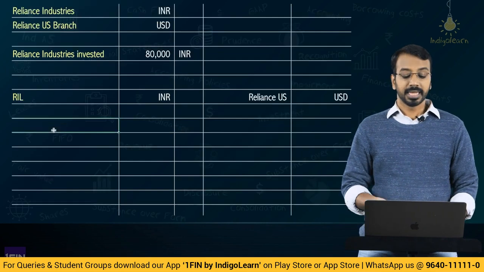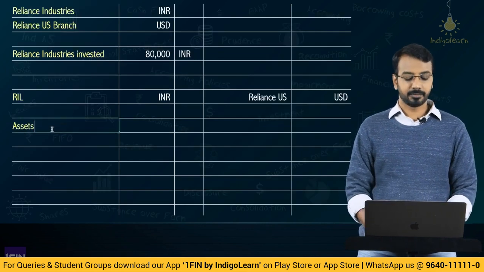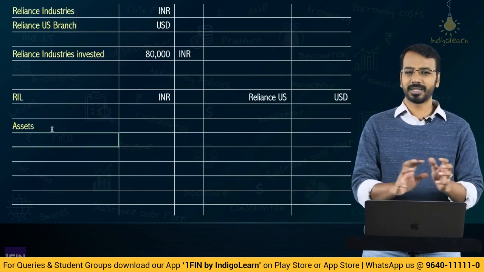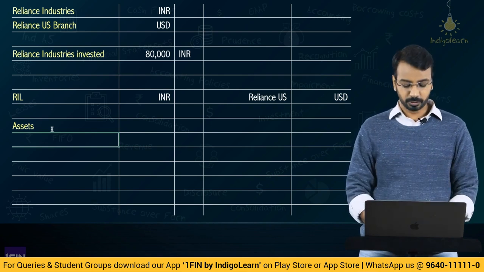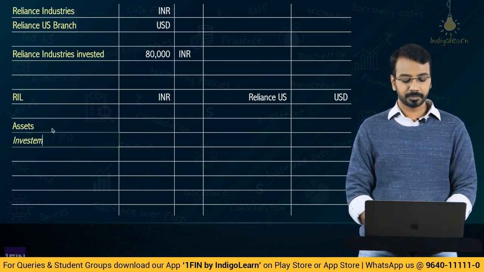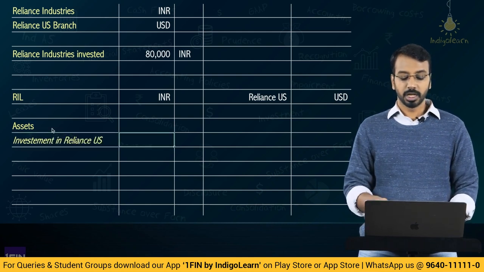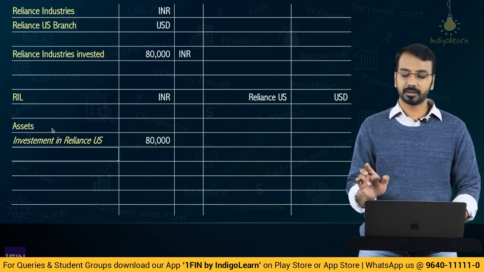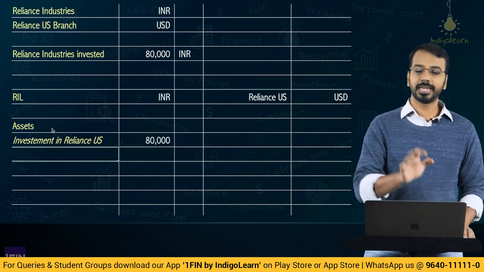Now in the books of RIL, on the asset side, and don't worry about the format, you just see the balance sheet impact. What will you show? You will show investment in Reliance US. How much? 80,000 INR, because you have given INR.